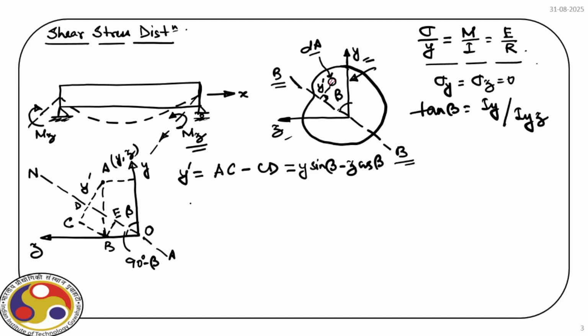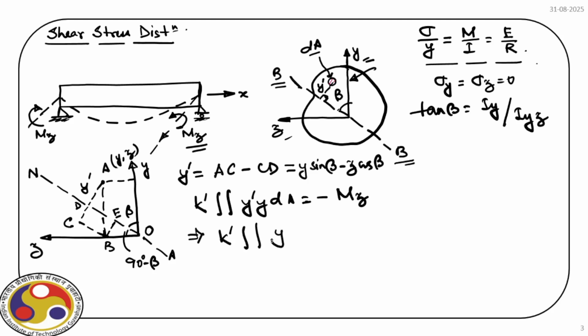We had k prime double integral y prime y dA is equal to minus Mz, right? That was the second equation, and in this equation let us put k prime and double integral. In place of y prime we have y sine of beta minus z cos of beta times y dA is equal to minus Mz.